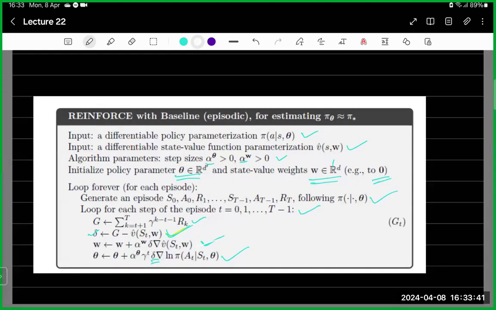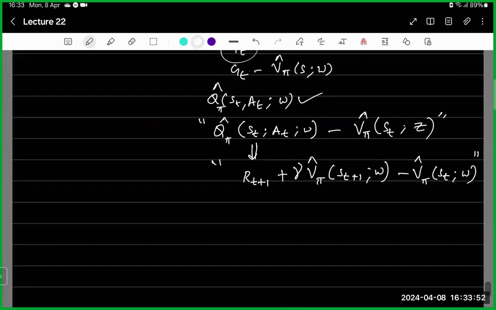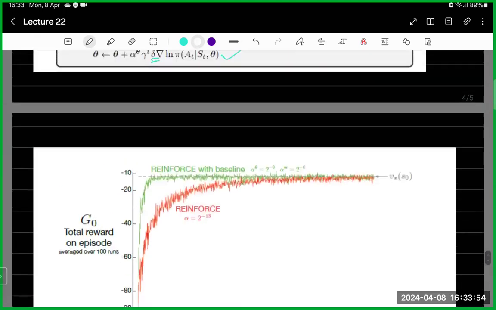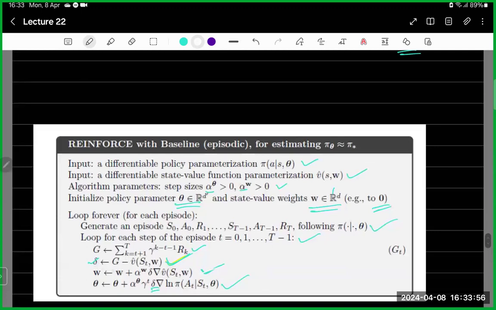What is the problem if you use this? We just got the benefit of an online algorithm, right? Because it was only dependent on RT plus 1. So if you use this update rule for W, then you'll lose that benefit, right? Because you need G for this.